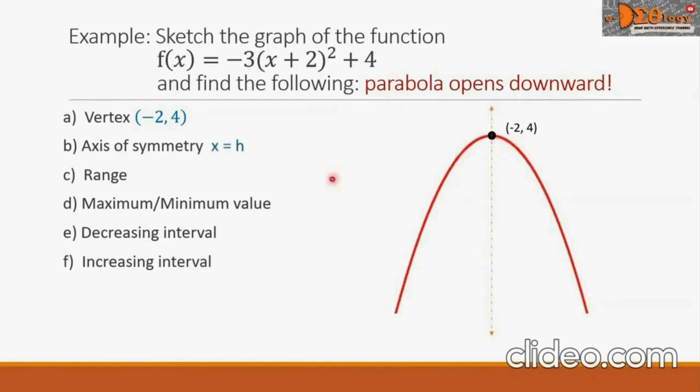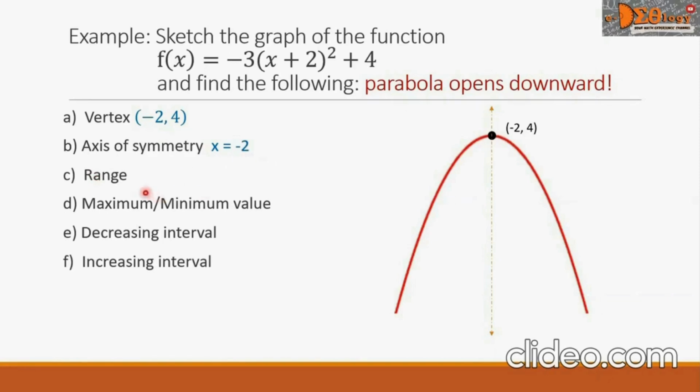And our formula is x equals h. And this h is the x coordinate of the vertex itself. So we will just substitute the value. So here the h becomes -2. Therefore, the axis of symmetry is x equals -2.